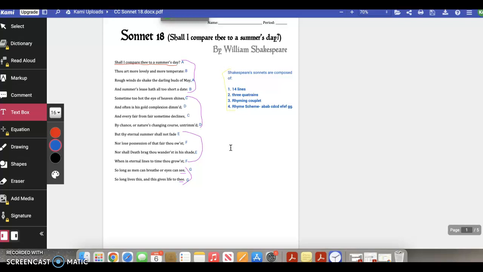But thy eternal summer shall not fade, nor lose possession of that fair thou owest, nor shall death brag thou wanderest in his shade, when in eternal line to time thou growest. So long as men can breathe or eyes can see, so long lives this, and this gives life to thee.